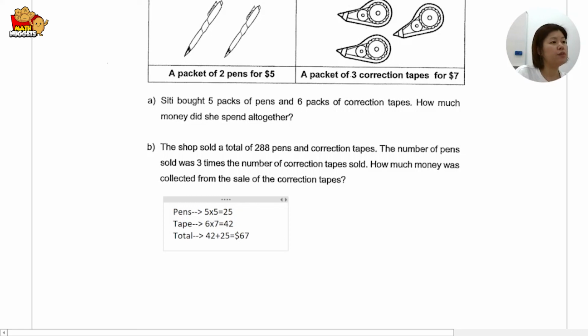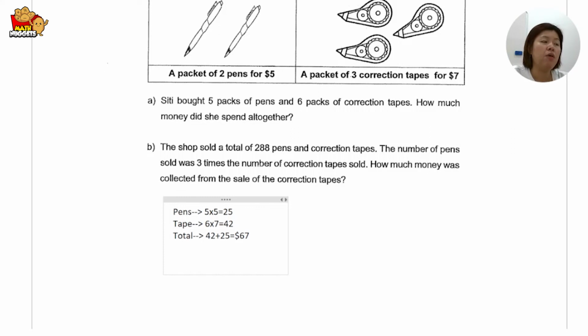Okay, let's move on to B. The shop sold a total of 288 pens and correction tape. The number of pens sold was 3 times the number of correction tape sold. So how much money was collected from the sale?